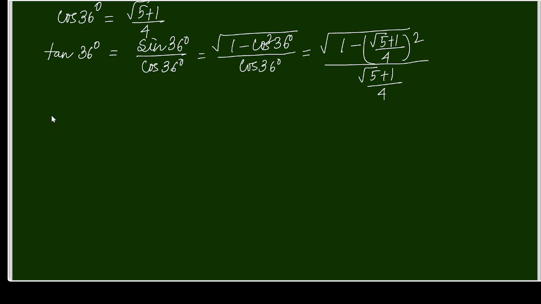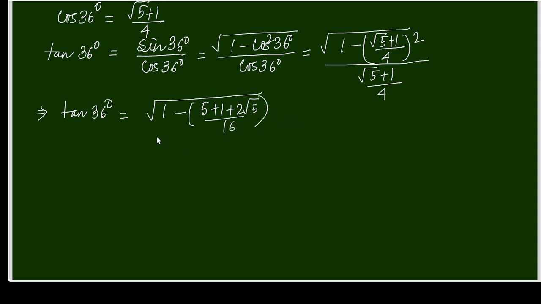We'll simplify this. Tan 36 equals the square root of 1 minus 5 plus 1 plus 2 root 5 over 16, divided by root 5 plus 1 by 4.